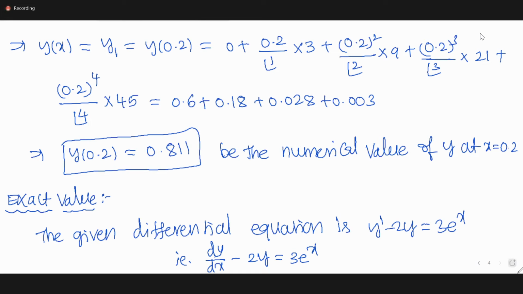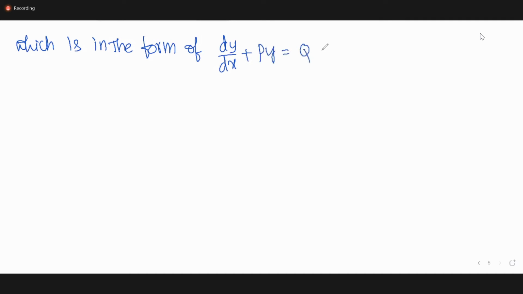Which is in the form of dy by dx plus py is equal to q. What is this equation?